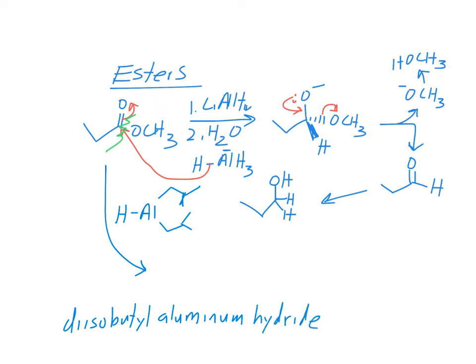Or we oftentimes use an abbreviation, so we just kind of randomly pick out some letters out of this whole thing, and we'll pick the D, di-isobutyl aluminum hydride. So we usually call this DIBAL-H, with an H like that.